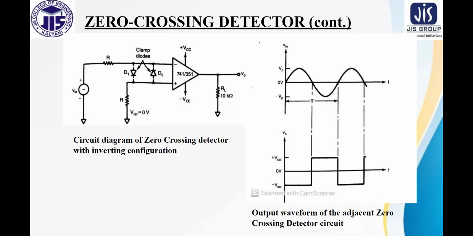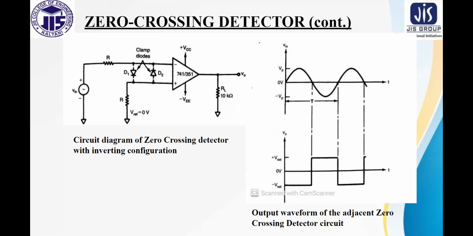So for the zero crossing detector, no other external voltage is provided. The 0 volt itself, the original line in the waveform, is the line of reference.